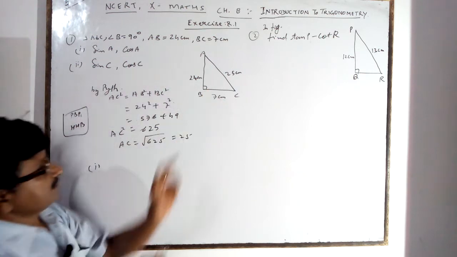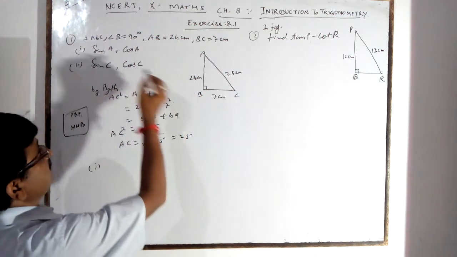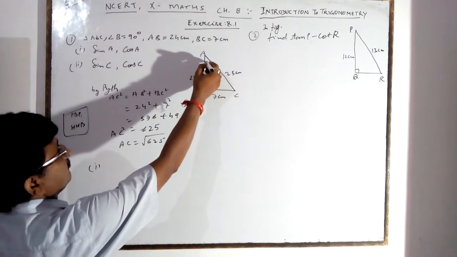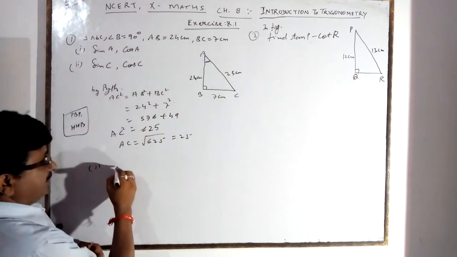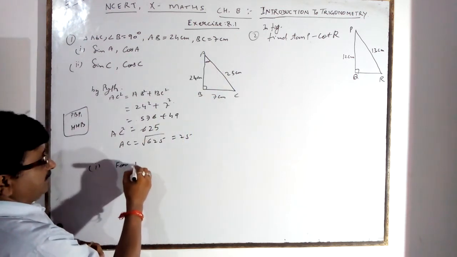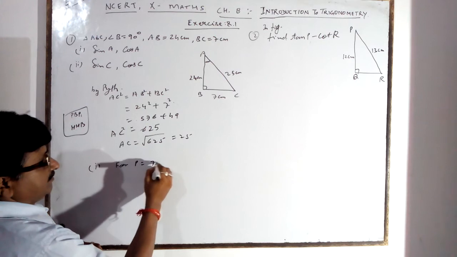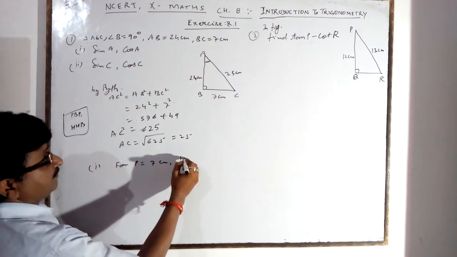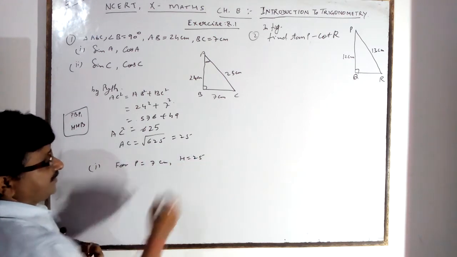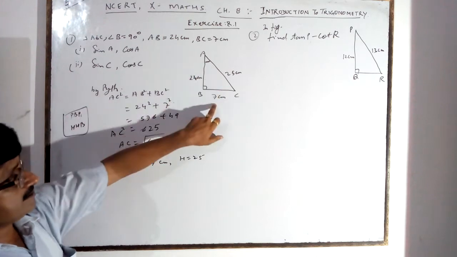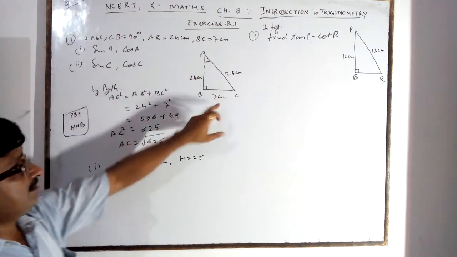H is 25. For angle A, the perpendicular is 7 centimeters and the hypotenuse is 25. For angle A, the perpendicular is the opposite side of A.